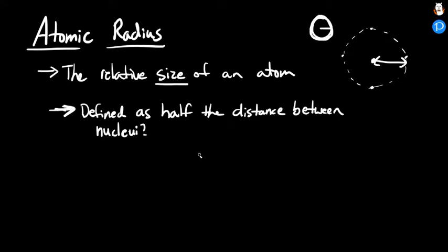In other words, if I've got two atoms of an element that are bonded together, here's the nucleus of one atom and here's the nucleus of another. Here's the distance between the two nuclei, and half that distance is the atomic radius.